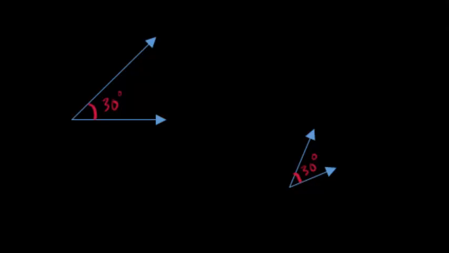And you're absolutely right. But remember that what these arrows right here on the edge of my angles mean is that those lines extend forever and ever in that direction, and they extend forever and ever in that direction.